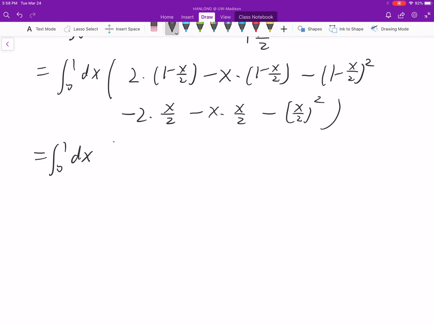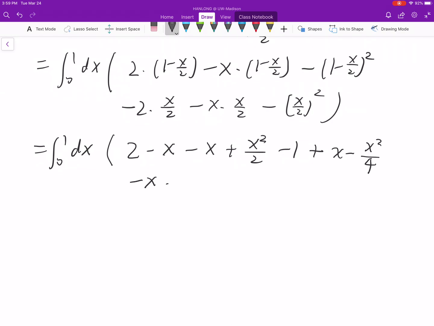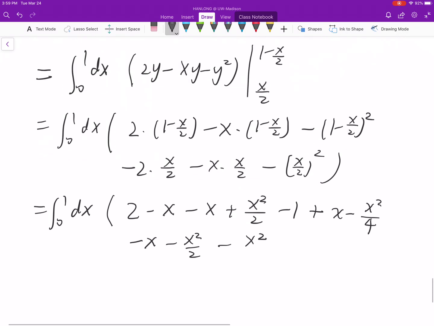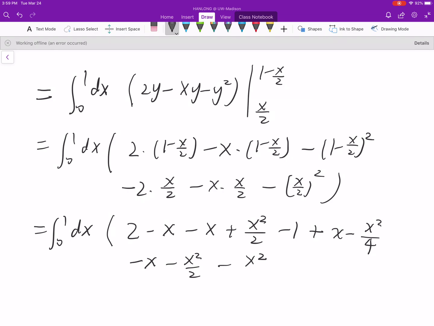Okay, now let's simplify. You have 2 minus x plus x squared over 2 minus 1 plus x minus x squared over 4 minus x squared over 2 minus x squared. Sorry, here I made some mistake.